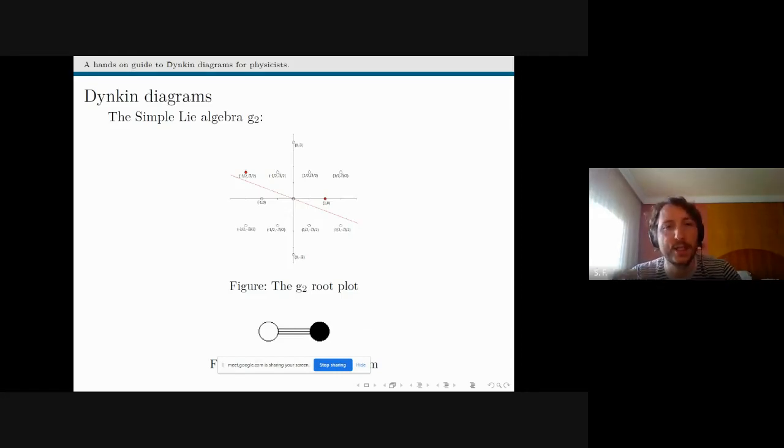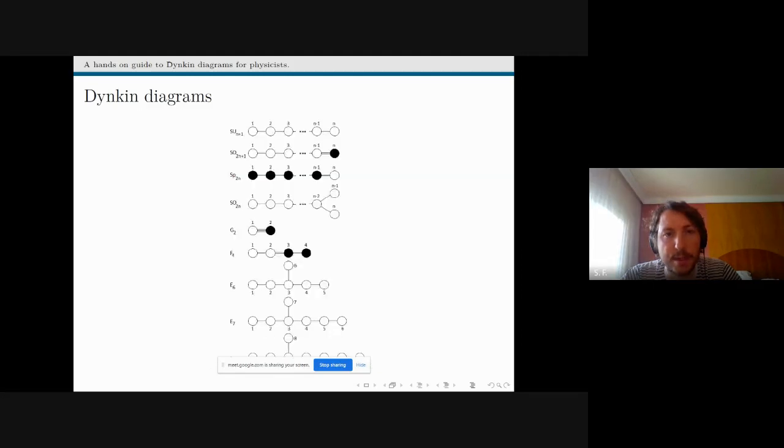Now, the nice thing is this just continues to work. You can apply these same rules to higher and higher rank diagrams. And so you can classify all of the compact, simple, finite dimensional Lie algebras by their diagrams, and this is what Dynkin has done. So these are the Dynkin diagrams for all of the Lie algebras that we've been discussing up to this point. The families can all be written in the following way.